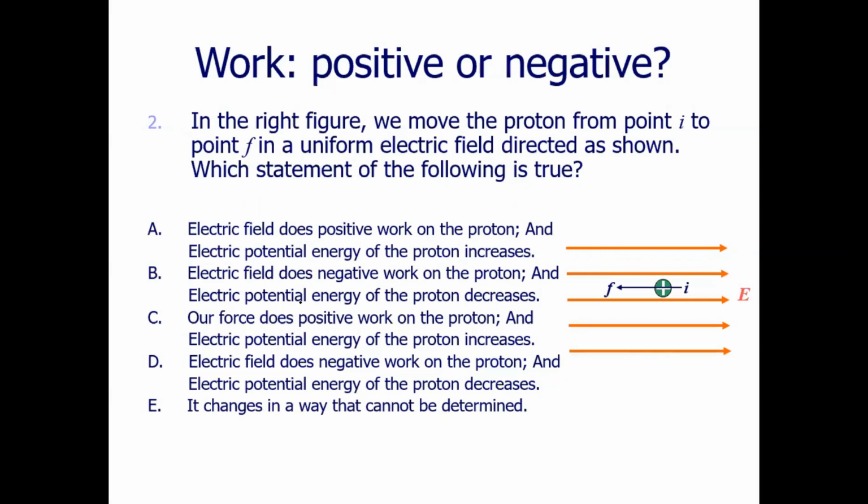It's not stationary. So it is moving from point I to point F. What if it was moving in this direction? If it was moving to the right, then how would that be different according to your analysis? Then the sign. The sign of the what?